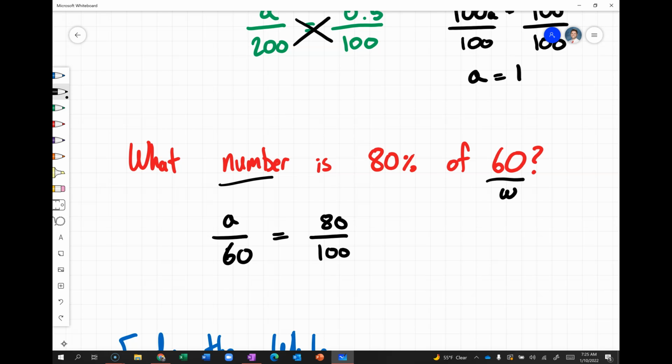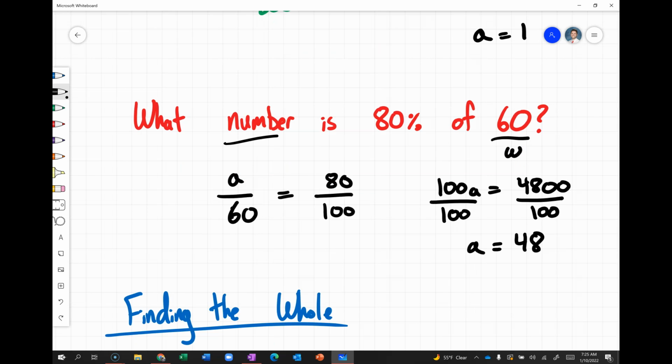Once again, using the cross products rule to solve for A, we get 100A equals 60 times 80, which would be 4,800. We divide both sides by 100 to solve for A. So A would be 48. 48 is 80% of 60.